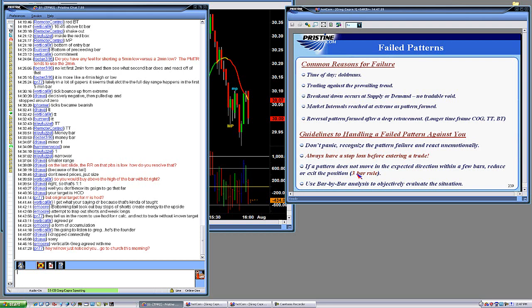But it does say that if things aren't moving the way we had thought, typically the patterns that we enter on result in a move immediately, or initially, in our direction. And if that doesn't happen, we may have missed something. So the 3-bar rule says to reconsider, look at the bars that formed, and evaluate the situation.